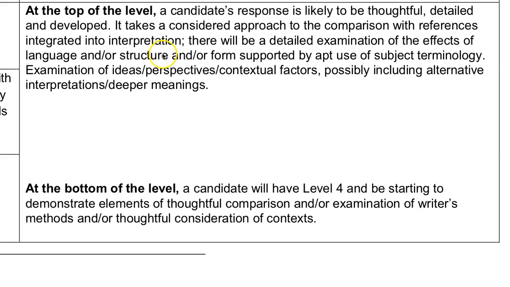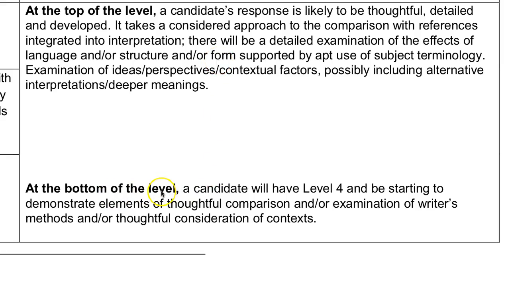Writing about structure or form is a deal breaker to get you into level 5. But let's flip it another way. Writing about structure or form forces the examiner to think about putting you in level 5, because that's the first time that structure and form becomes compulsory.